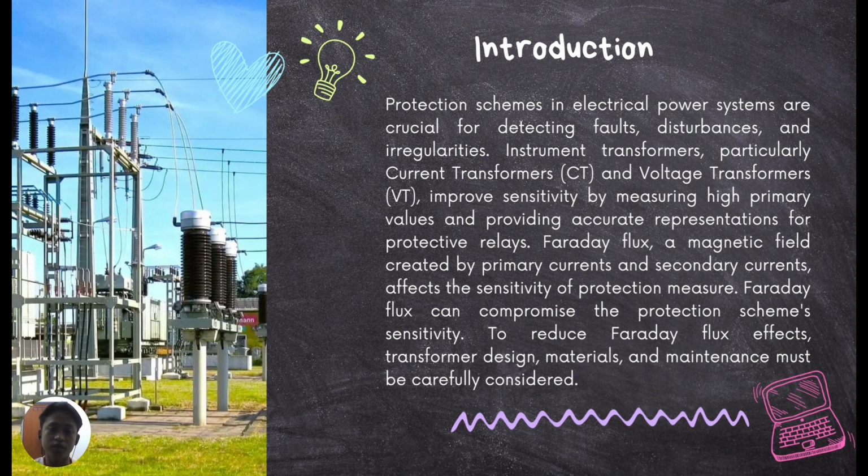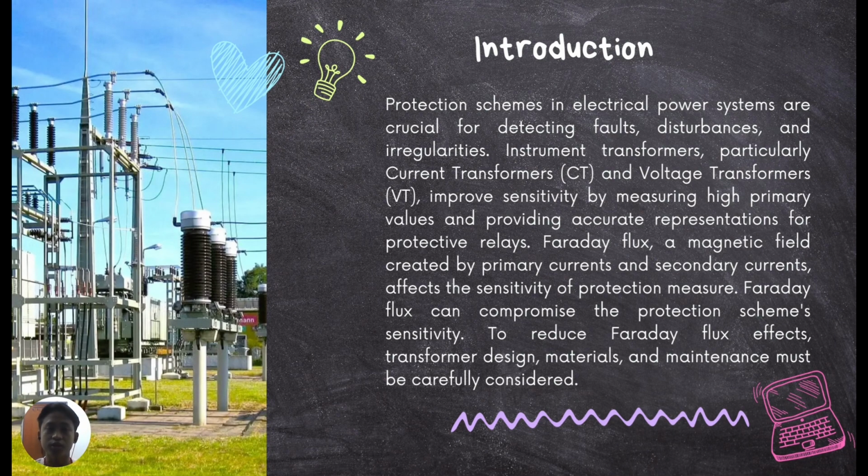The meaning of Faraday flux is a magnetic field created by primary current and secondary currents. And Faraday flux also can affect the sensitivity of protection measures. To reduce the Faraday flux effect, transformer design, material, and maintenance must be carefully considered. That's all for my part.